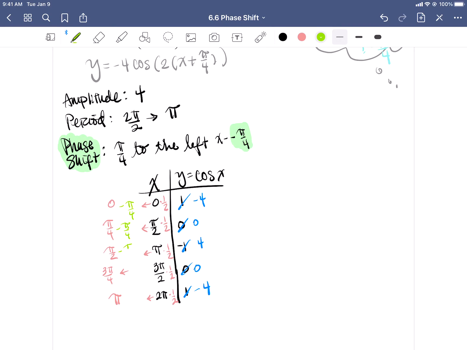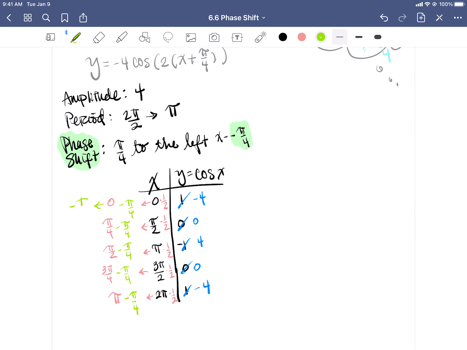And I would really love it if you had it all together, so I wasn't looking for your work, like if you could do your transformations in the table. You can organize it my way, you can organize it any way you want. This is just what I've come up with. I go right to left. So 0 minus pi over 4 is negative pi over 4. Pi over 4 minus pi over 4 is 0. I'm going to give myself some lines.